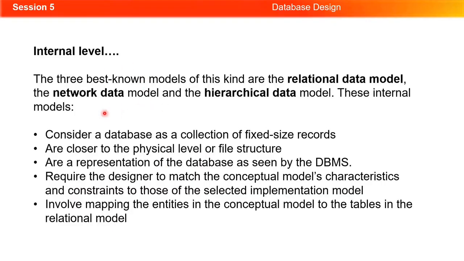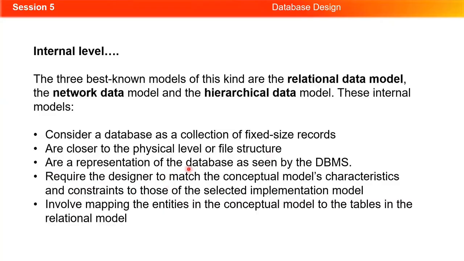At the internal level, the 3 best known models of this kind are the relational data model, the network data model, and the hierarchical data model. So the internal models here consider a database as a collection of fixed sized records. They are closer to the physical level or a file structure.